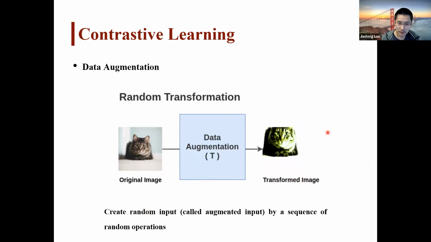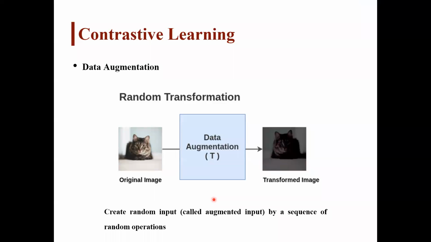We call this augmented data the positive data pairs. And the augmented data from different original data, such as images, we call the negative input pairs.